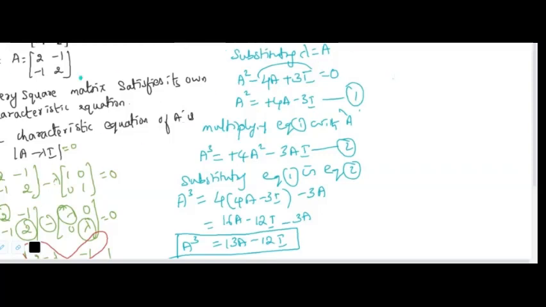Now to find A cube, A cube equals 13A minus 12I. If you have to simplify this to get the value of A cube, A cube will be 13 into A is [2 -1; -1 2] minus 12 into I will be [1 0; 0 1]. So we can apply: 13 into 2 is 26, minus 13 into 1 is minus 13, minus 13, 26.